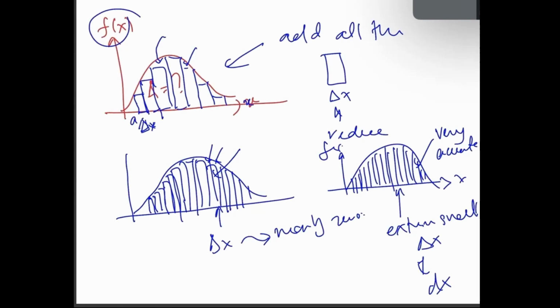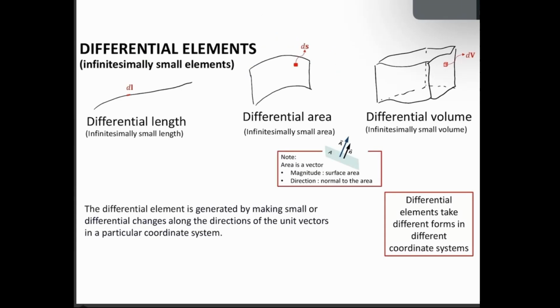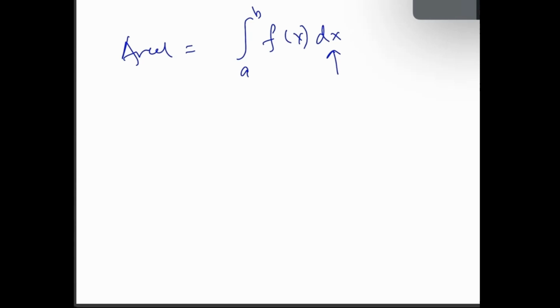Let's say this one is point A, and this is point B. We can use integration: area equals the integral from A to B of f(x) dx. dx means the differential of x. This is also a combination of differential equations, integrals, and derivatives.